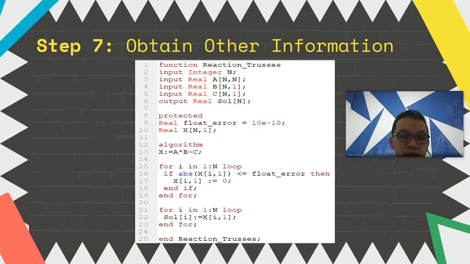And the algorithm is x equals a times b minus c. For i in 1 to n loop, if absolute x i comma 1 is less than or equal to float error, then x i comma 1 equals 0. And if ends, and for i in 1 to n loop, the solution i equals x i comma 1. And the reaction process is finished.